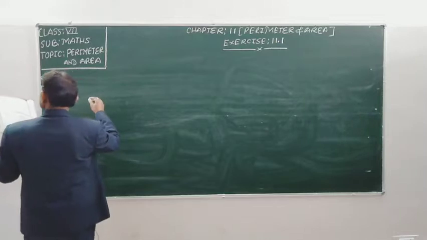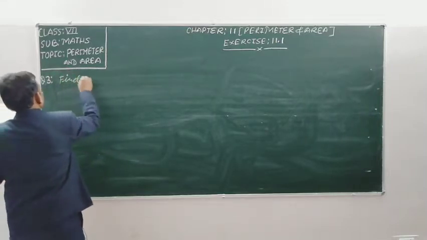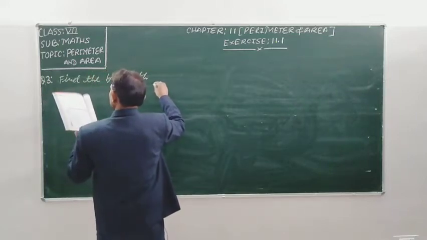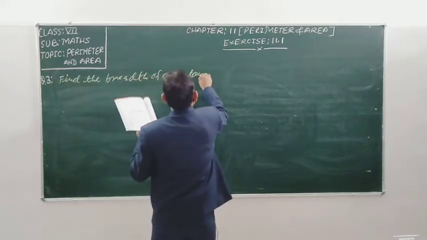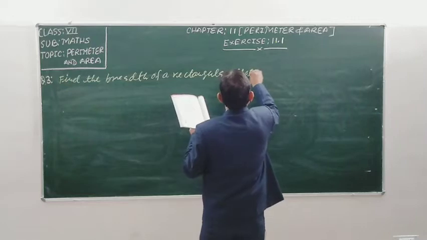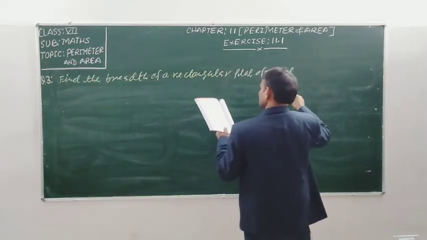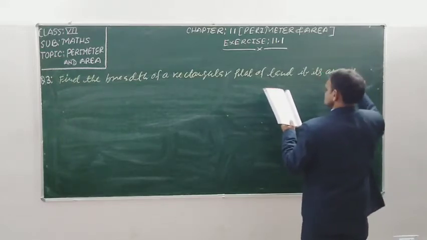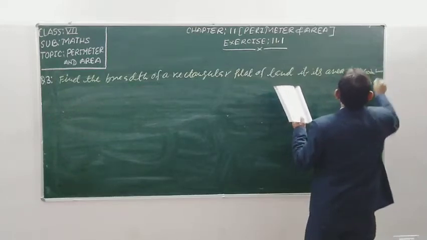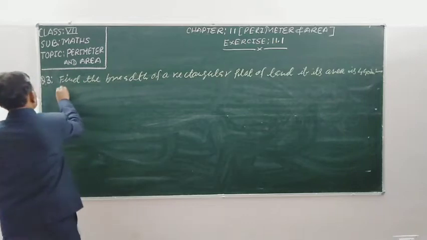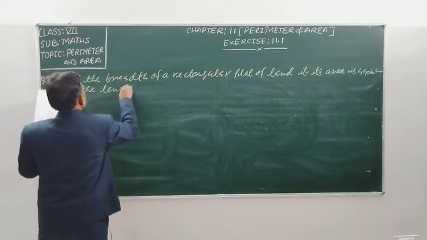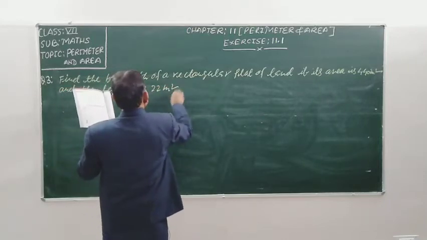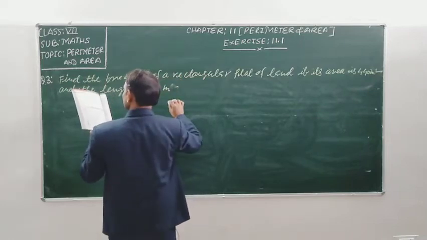Question number 3 is saying: find the breadth of a rectangular plot of land if its area is 440 meter square and the length is 22 meter. Student, also find its perimeter.